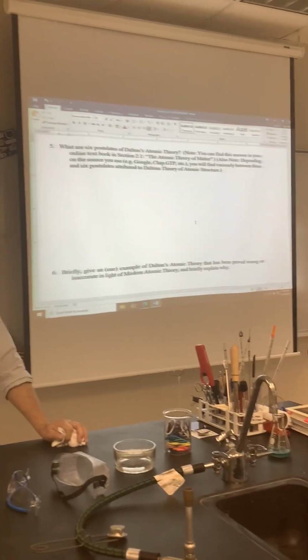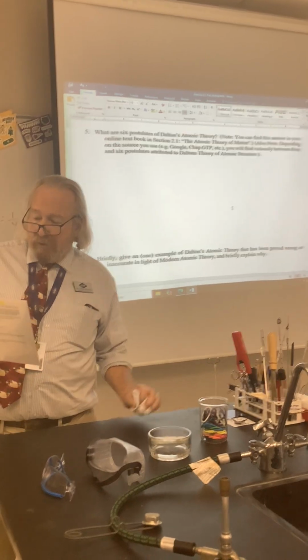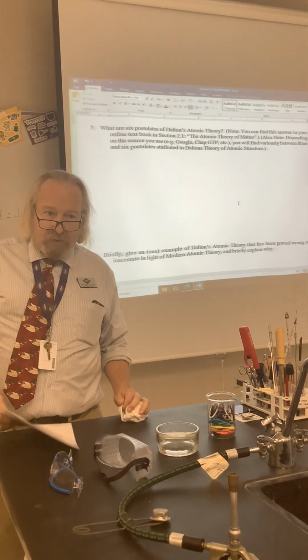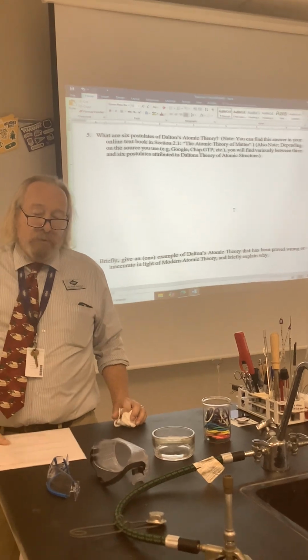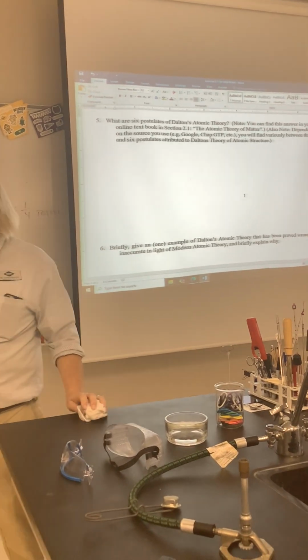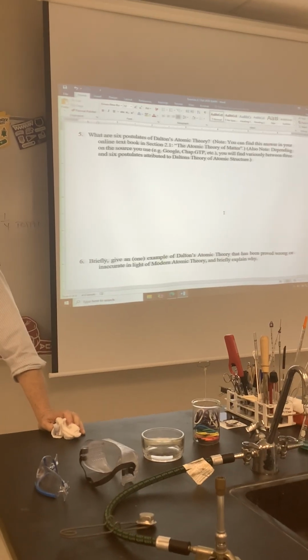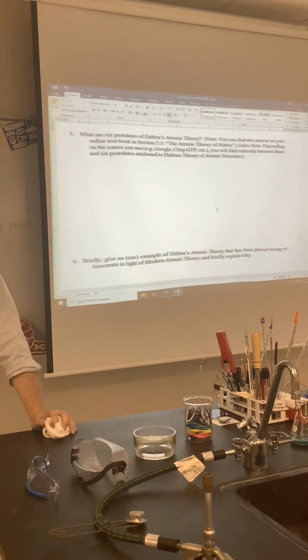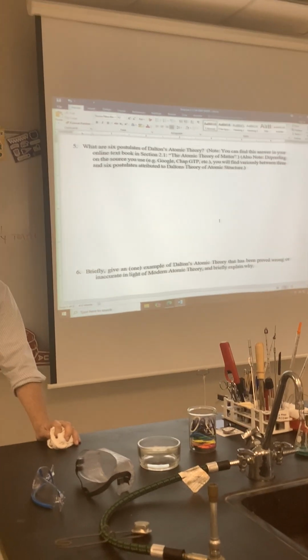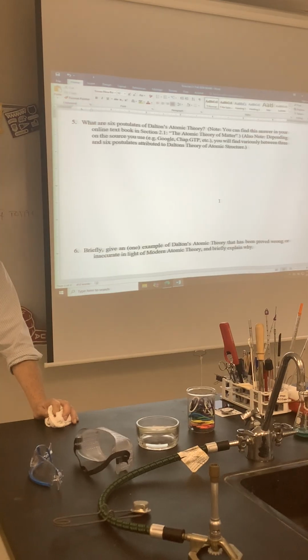And then we learn that chemical reactions are rearrangements of atoms, and that's true, but there are, for example, nuclear reactions where atoms break down, and there are physical changes that are not chemical reactions and don't require rearrangement.